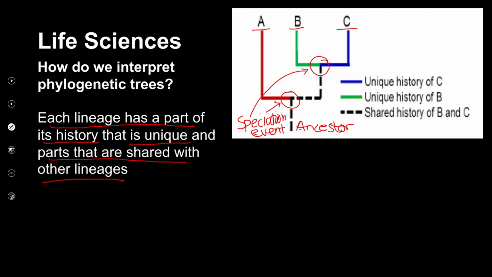If we have a look at the red line here, that is unique history to A. The dotted line here would be the shared history of B and C. In other words, they have a shared history, and then what is unique to B would be what's in green, and what is unique to C is what is in blue. Okay, so as we said, in some lineages there's unique history, and in some there is shared history.